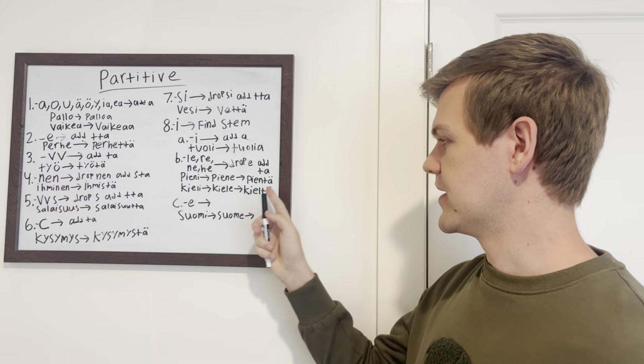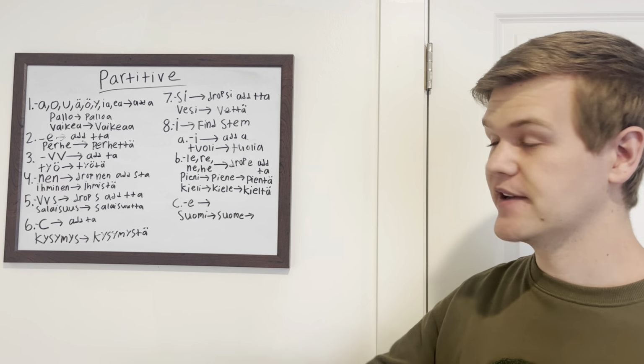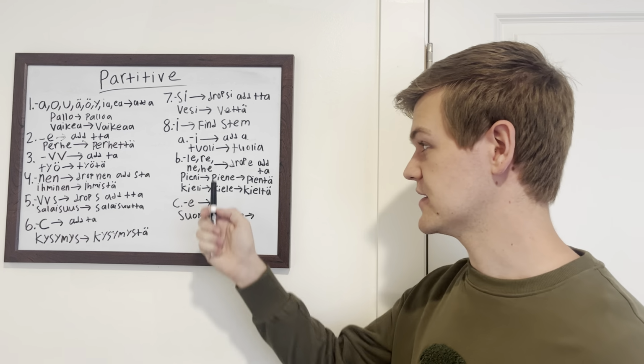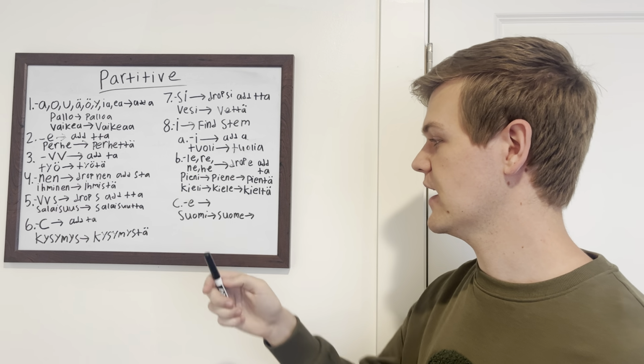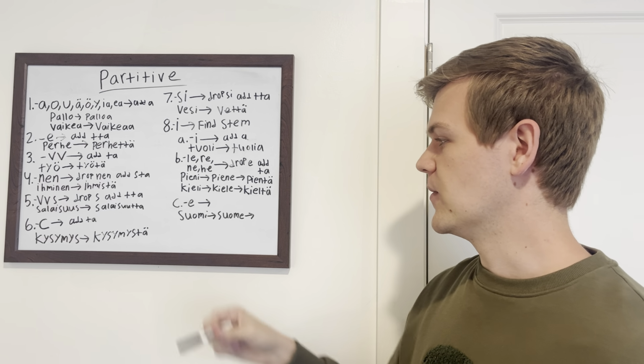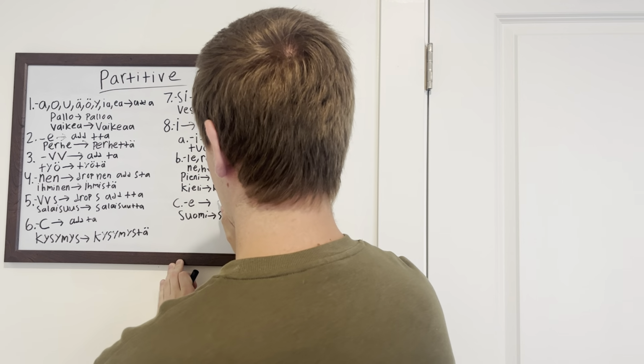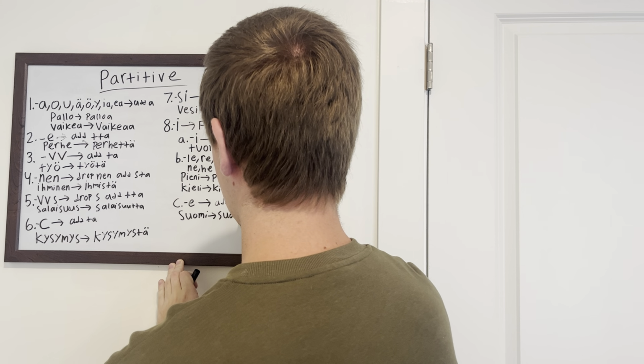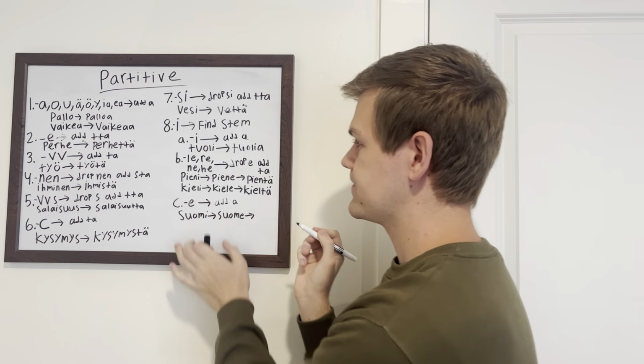They will usually get rid of E and add T-A, but if it's an E stem that does not end in L-E, R-E, or N-E, then what we can do is, again, just add A to the stem.